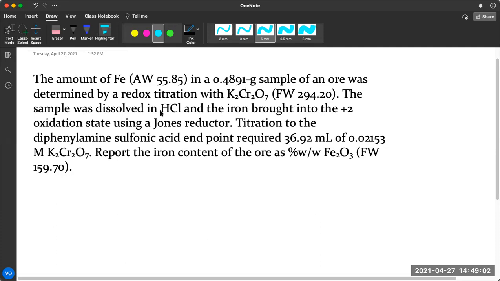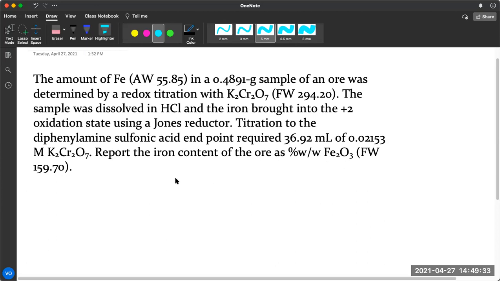The sample was dissolved in hydrochloric acid and the iron brought into the +2 oxidation state using a Jones reductor. Titration to the diphenylamine sulfonic acid endpoint required 36.92 milliliters of 0.02153 molar potassium dichromate. Report the iron content of the ore as percent ferric oxide.